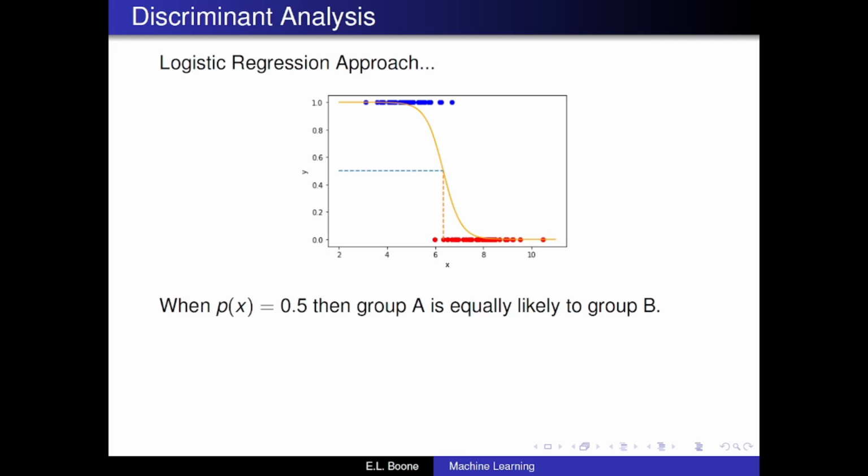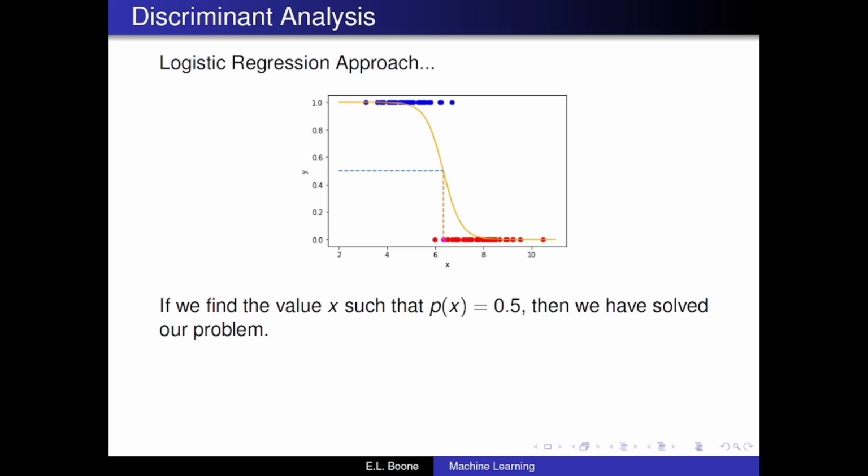All right, so if P of X is a half, then it's equally likely to be in group A or group B, right? You can't really tell which one it is because it's a 50-50 chance if you picked either one. So that's not a bad idea. Why don't we use this idea and trace it backwards?